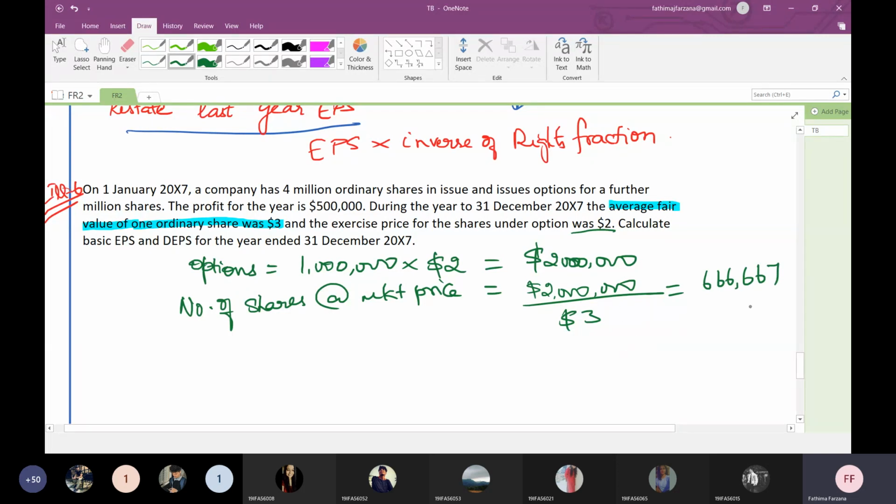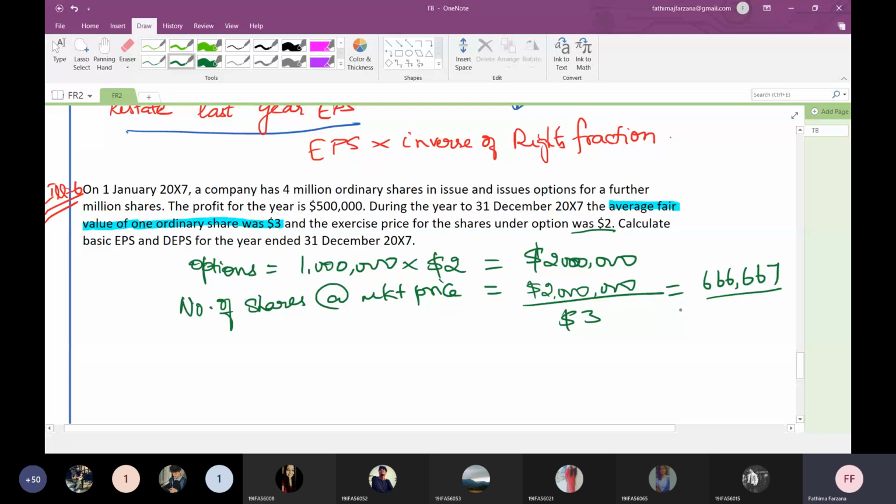So 666,667 is the number of shares you can buy if you are buying at market price. But how many shares was he issued? He can buy only 666,667 shares.